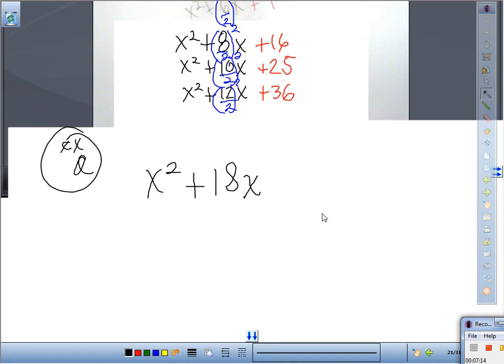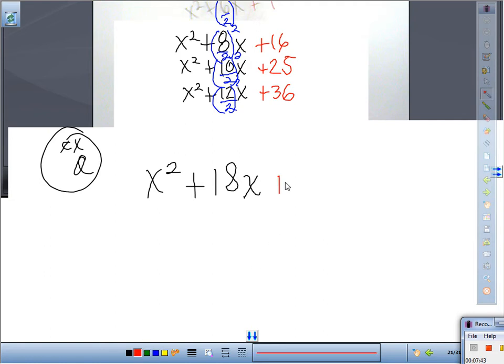Complete the square, please. All right, say with your neighbor, see what you got.